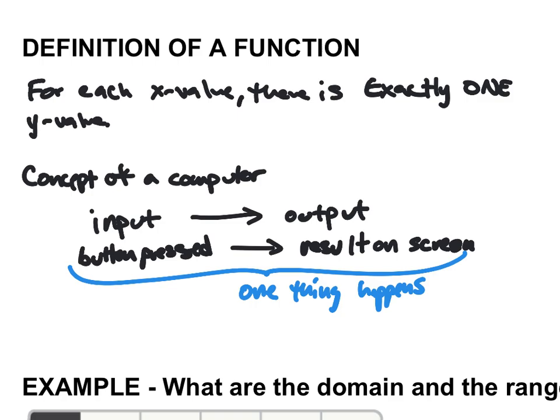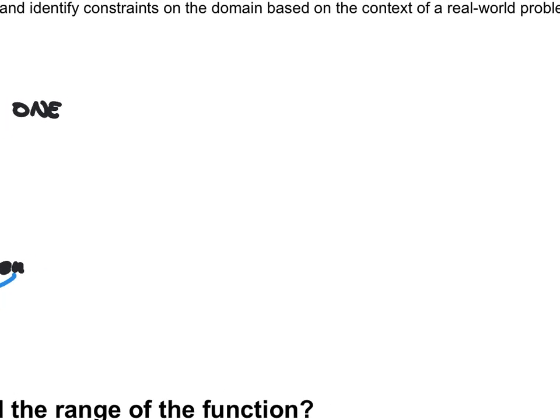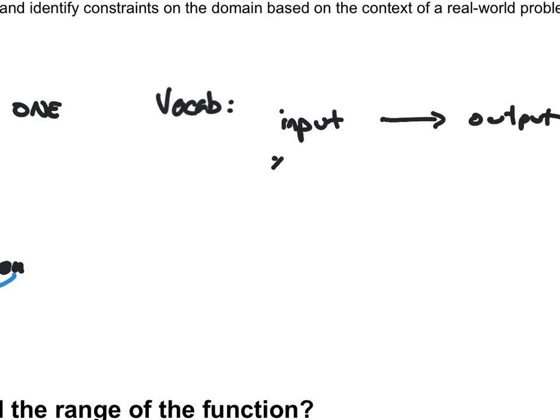Okay. So what I want to think of, let's look at some vocabulary here. All right, so some vocab for this. So I used this concept earlier just now about an input-output relationship. Well, your input is the same thing as your x value, okay? And that correlates to then your y value.